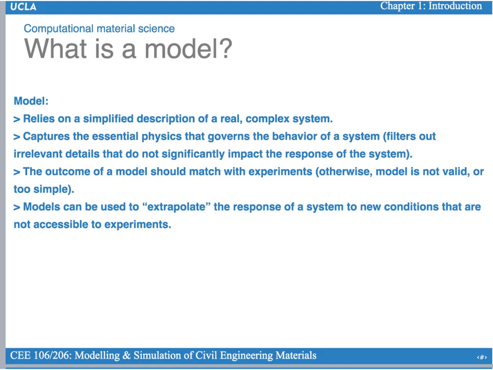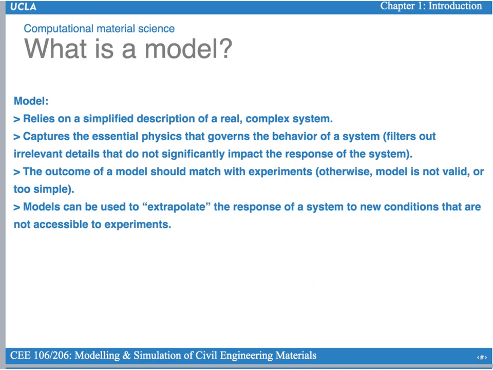So in this case, all the quantum effects about the cohesion of atoms and the way they interact with each other do not necessarily matter. They can be filtered out, and you can focus on the key physics governing atoms interacting with each other, or the key physics governing the behavior of continuous solids.